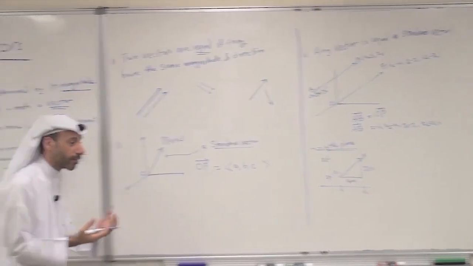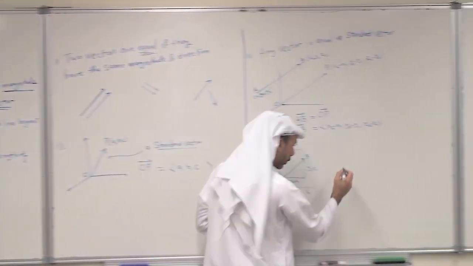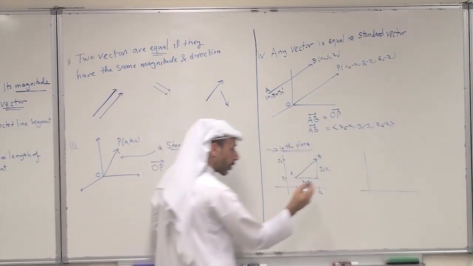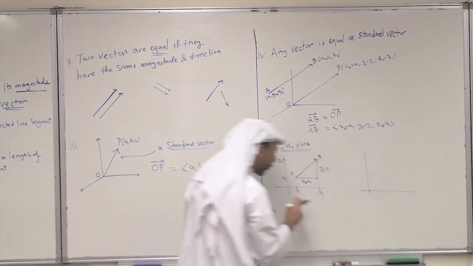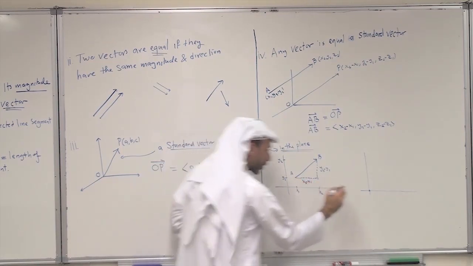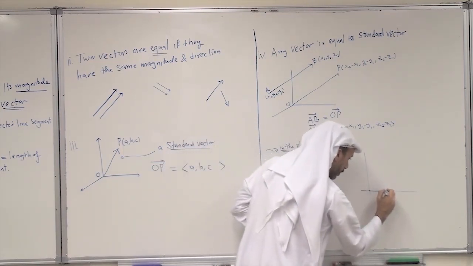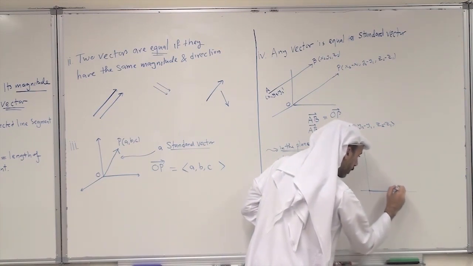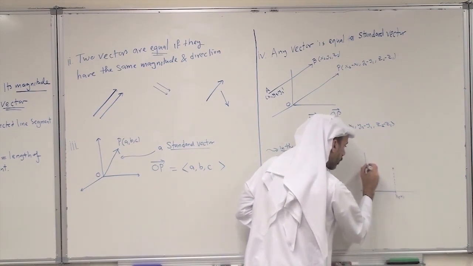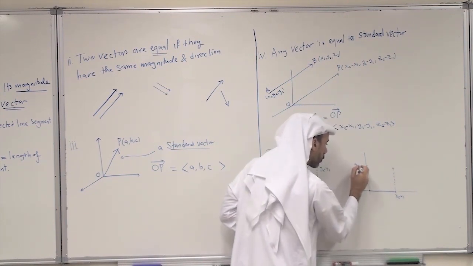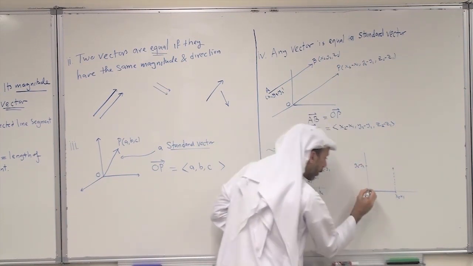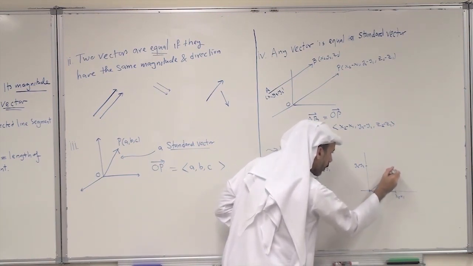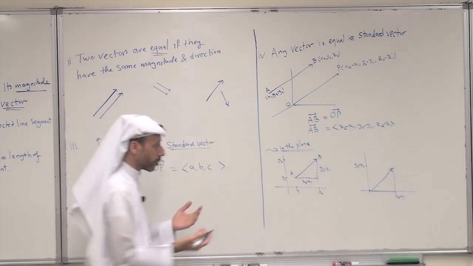So really, to find the standard vector here, from the origin, move a horizontal distance of x2 minus x1. Then move a vertical distance of y2 minus y1. Then this is the required vector. This is the standard vector.